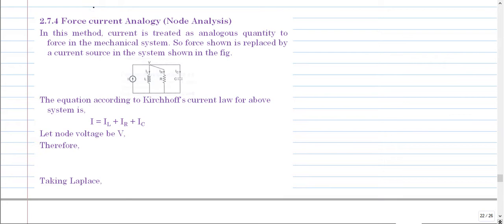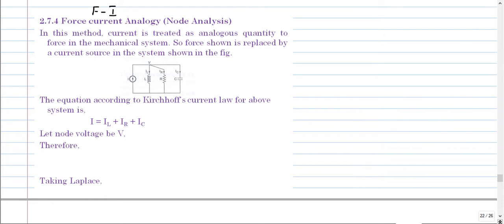So what happens here in force current analogy? In this method, the current is treated as an analogous quantity. If you remember, in force voltage, we treated voltage as an analogous quantity. So here the force will be replaced by I, that is the current I.